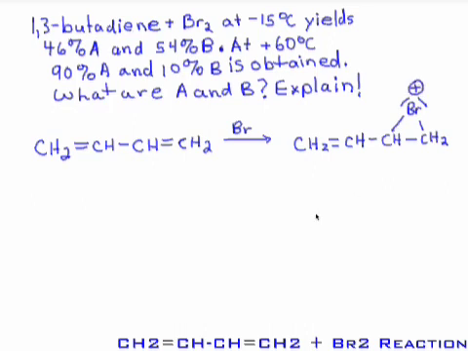Now, the bromonium ion intermediate with the bridging bromine actually interacts with the carbon so that you get trans addition when attacked.